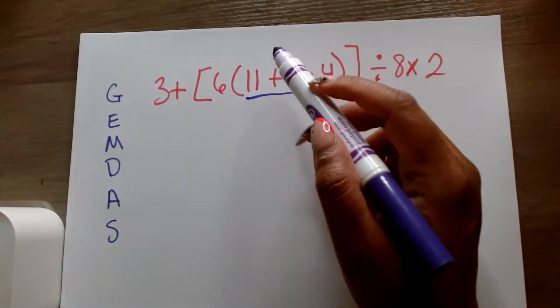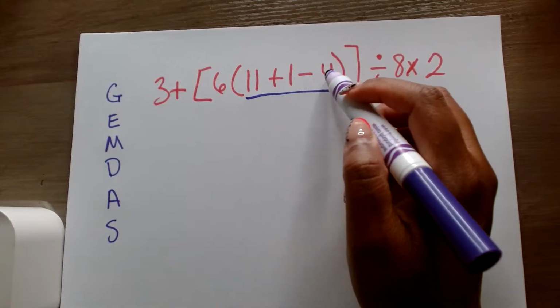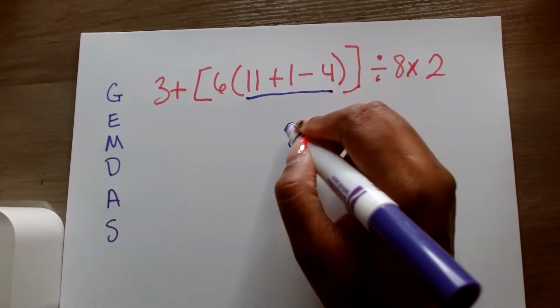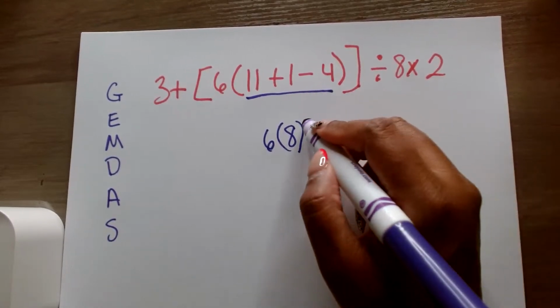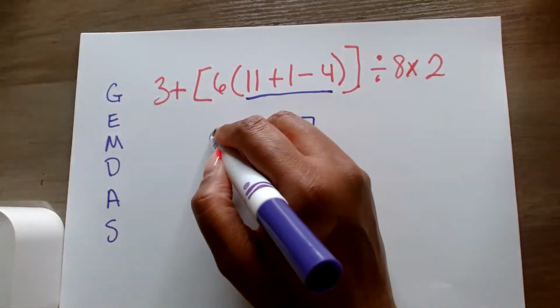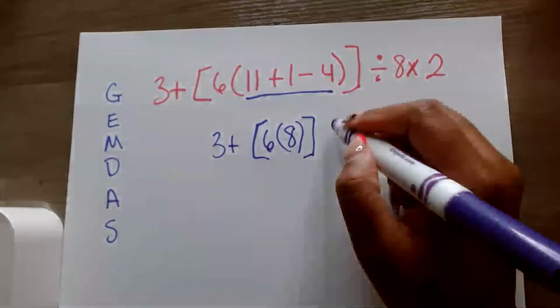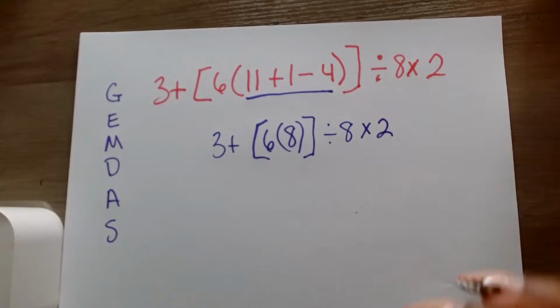So 11 plus 1 is 12, and 12 minus 4 is 8. And now we will just put that 6 on the outside of it, and you can keep your brackets, and we just rewrite our other parts. So 3 plus, and then divided by 8 times 2.